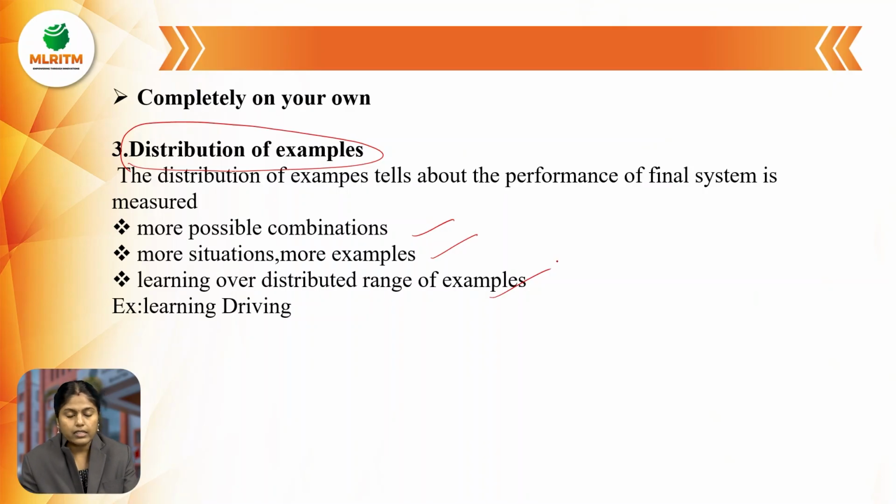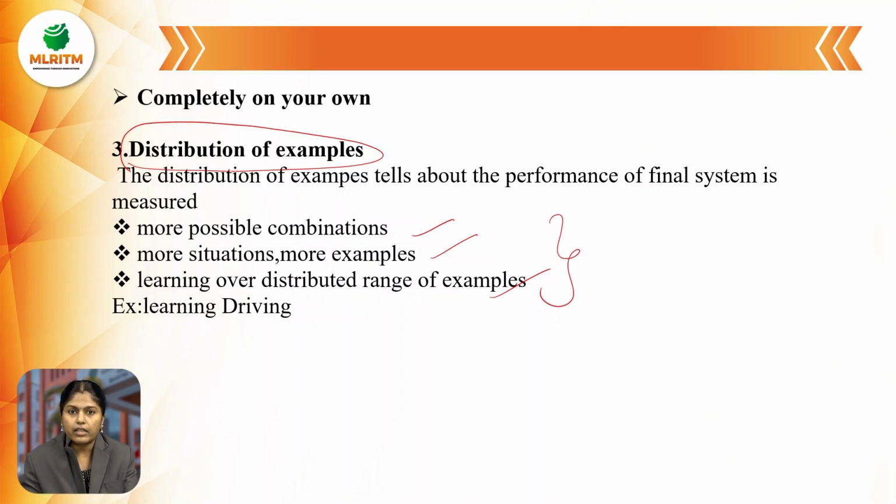In the distribution of examples there will be many possible outcomes, multiple outcomes, multiple situations can occur, and we can take multiple examples. We can also learn from the distributed range of the examples.